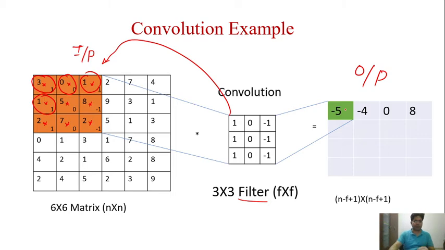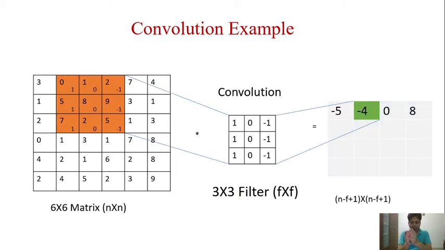Whatever value is coming, that is the feature that goes to the output. Now what next we'll do, we will shift our filter one step forward. Then again we will do the same operation, 1 into 0, then 5 into 1, then 7 into 1, and so on, and then add all these multiplications, and you will get the second output. Similarly we will move forward for the third output, fourth output.